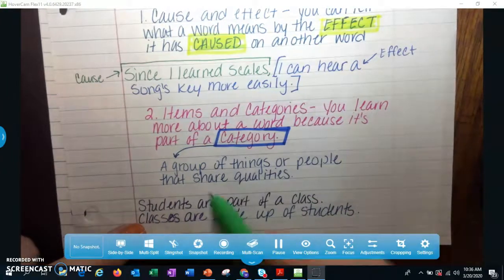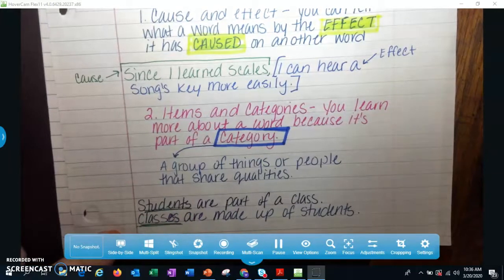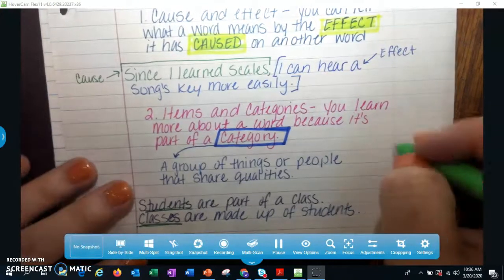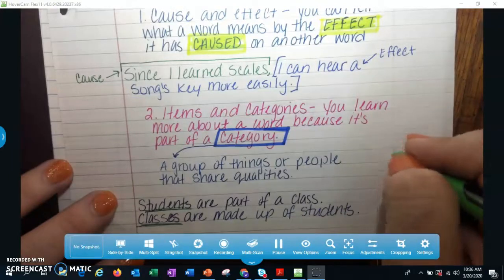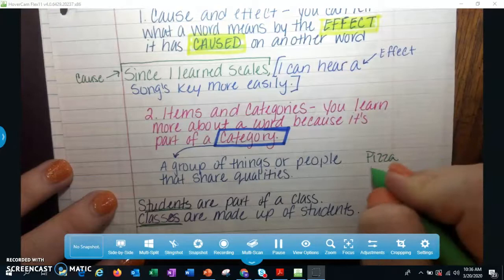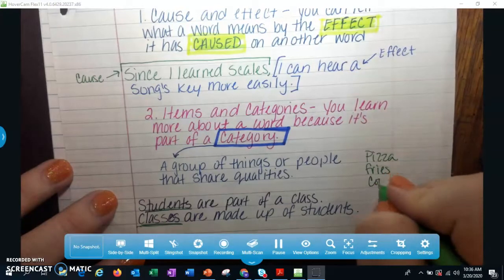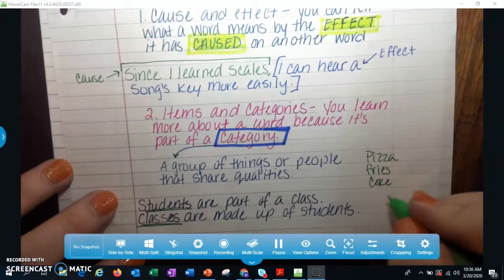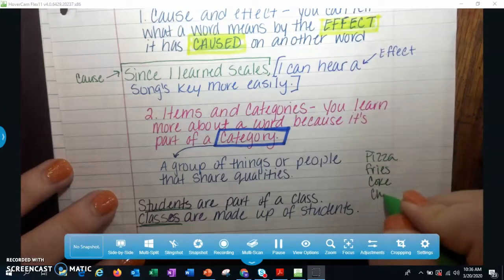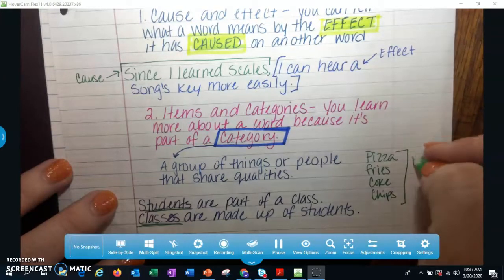So I can understand more about students and classes because of the categories that they're put in. Likely, if I were to put a list of pizza and fries and Coke and chips, these are all a category of food.